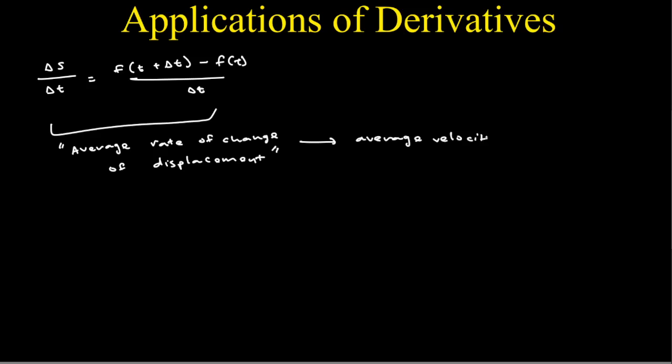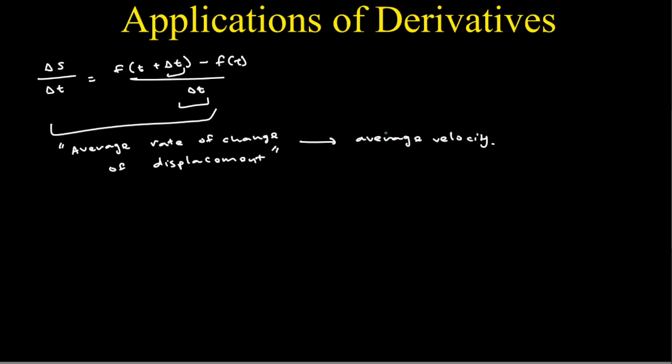Right. But again, I sort of alluded to the problems of having the notion of average. We sometimes, actually pretty often, want to know how things are changing at an instant, right? So what if we want to find the velocity at an instant? We would have to make delta t go to 0, right?